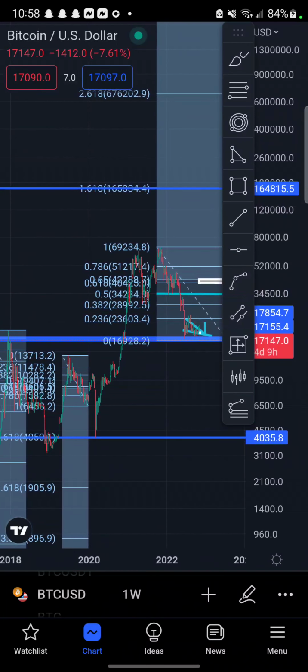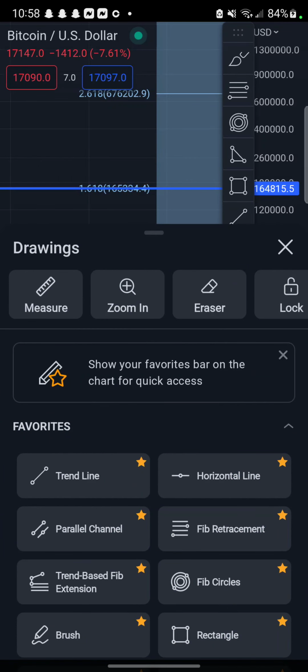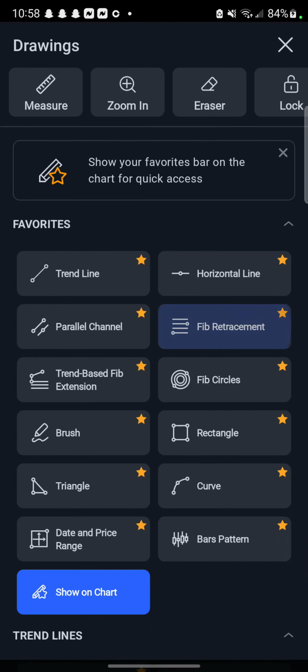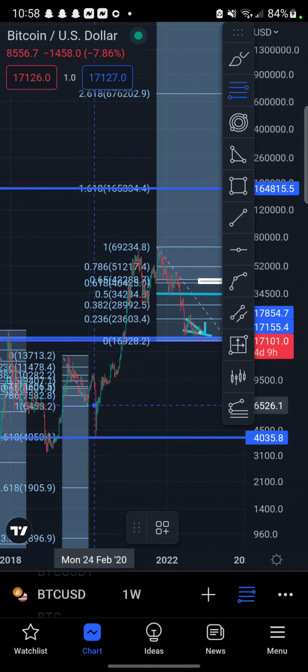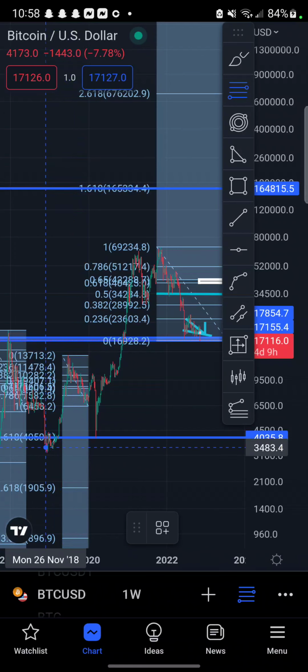Now, if we do see any lower price than the 17,100 and the 17,000 target, let's just call it that, make it even, make it easy, then we have a potential of pretty much coming down to these targets. So what you do is you take a Fibonacci from the lowest low of the previous market cycle, which was that $3,200.